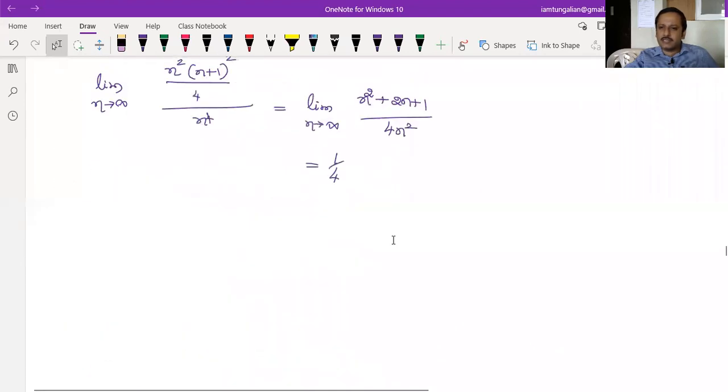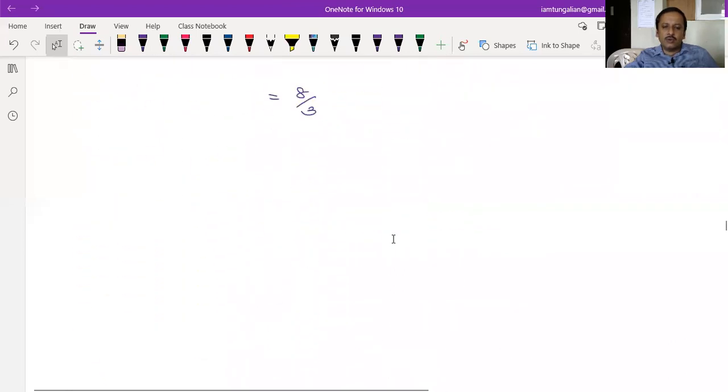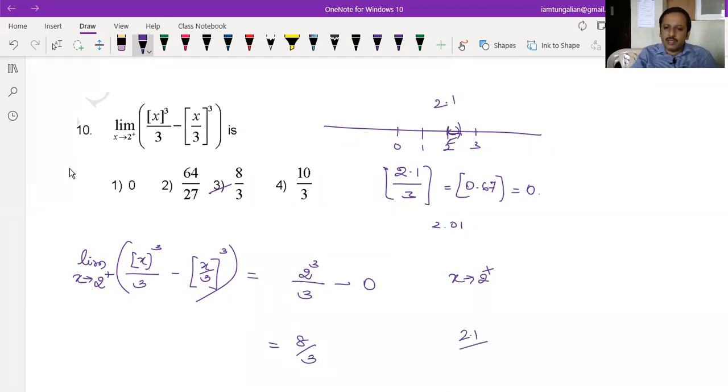Vikas has another doubt in question number 10 again. Your doubt is from where did I get 0, right? So x is approaching 2 from right side. When I say x is approaching 2 plus, it means x is lying in this interval. x is very close to 2 but greater than 2. Let us say 2.1. So 2.1 divided by 3, what do you get? 0.67, right?